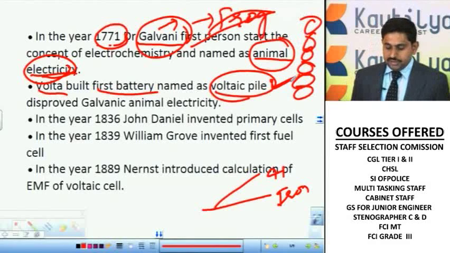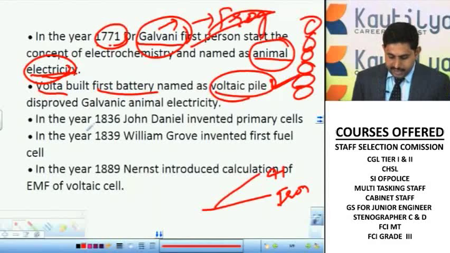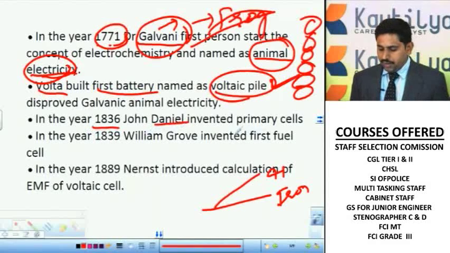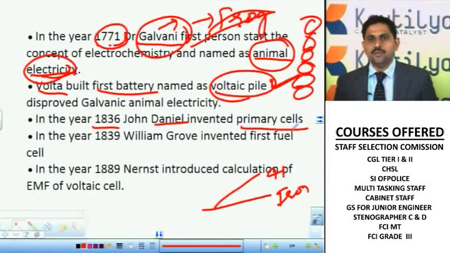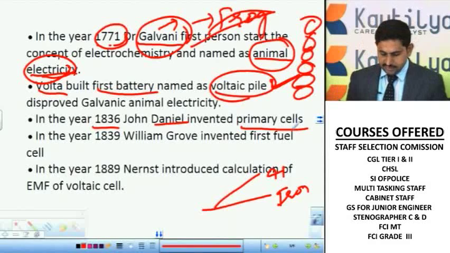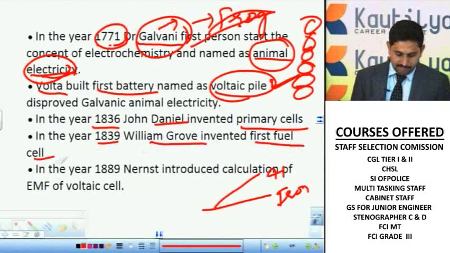So by the discovery of the voltaic pile, the galvanic electricity, that is animal electricity, was disproved. In the year 1836, John Daniel invented the primary cell. We'll discuss what a primary cell, a secondary cell and a fuel cell are, all these things in this chapter. In the year 1839, William Grove invented the first fuel cell.